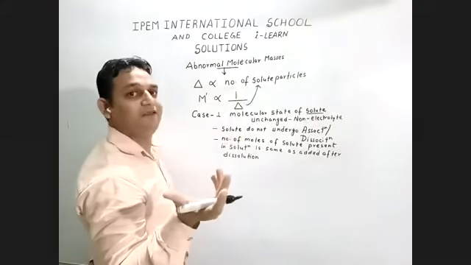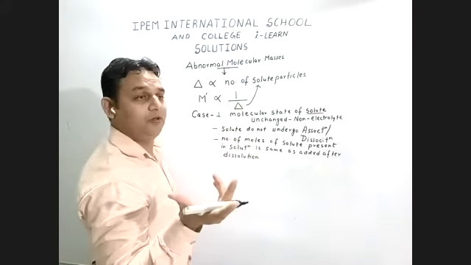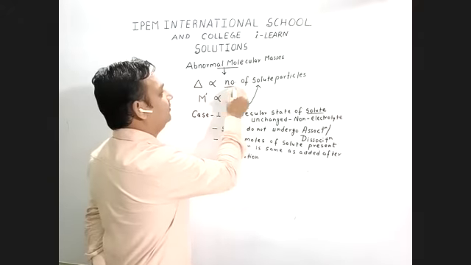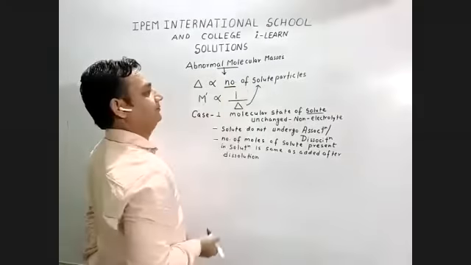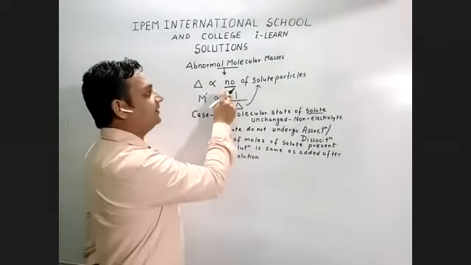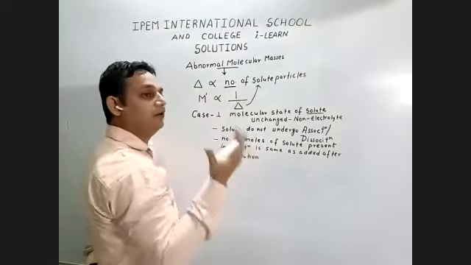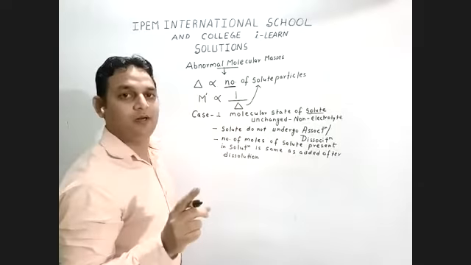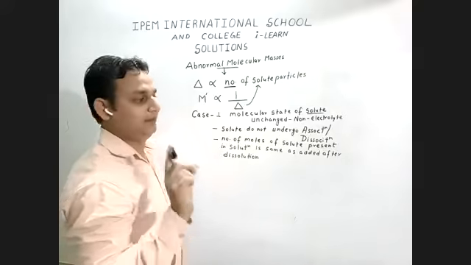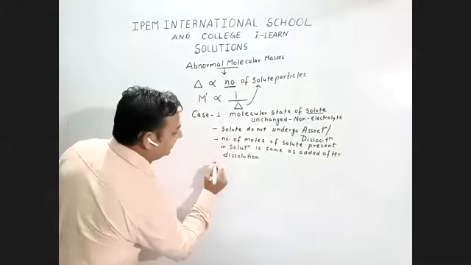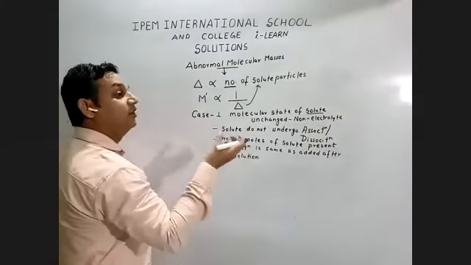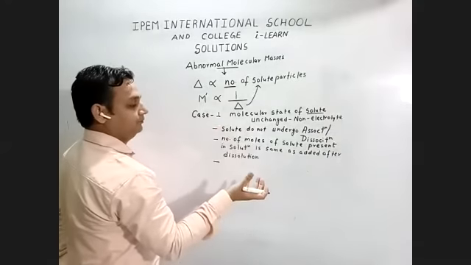So the cause for abnormal molecular masses is only the number of solute particles. When this remains the same, the molecular masses from colligative property and from the chemical formula will remain the same. Colligative property has the same value as its normal value.